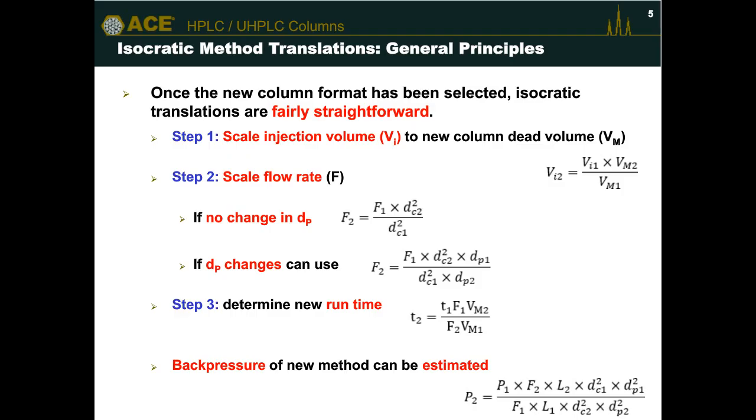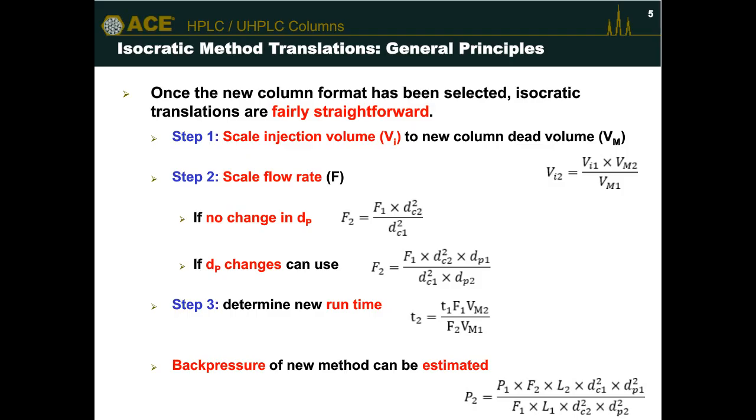Because a lot of the time when we are scaling methods, we reduce the particle size of our column, and when we do that, we increase the back pressure. So although it's great because we are reducing solvent and we are reducing runtime, we have to pay with something, and that is back pressure.